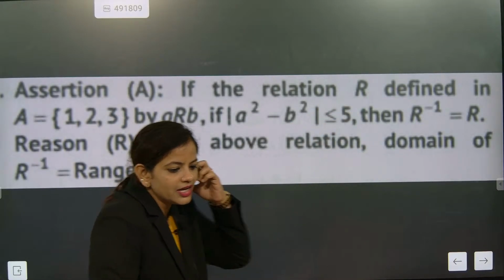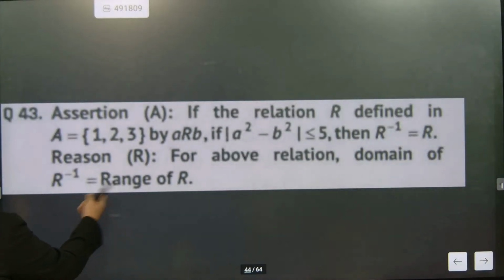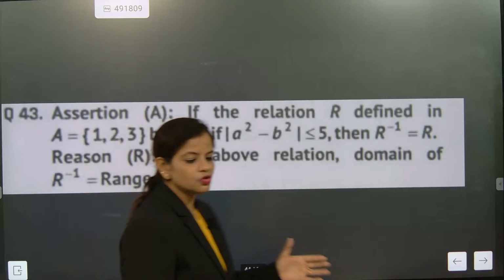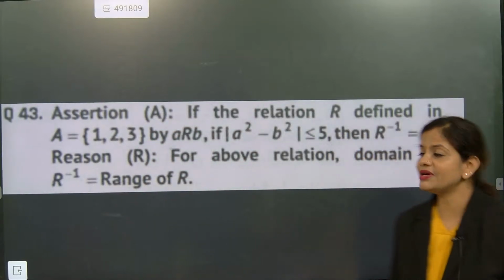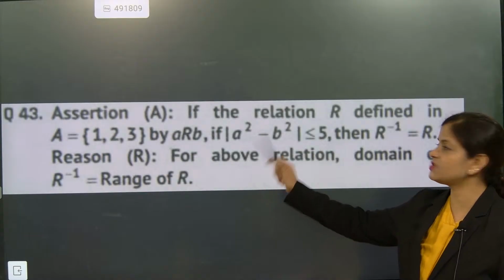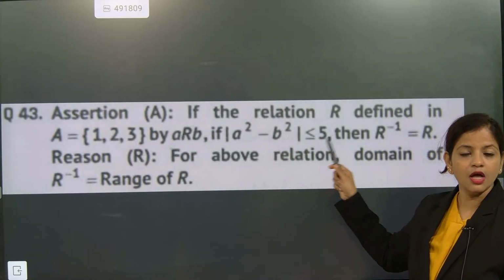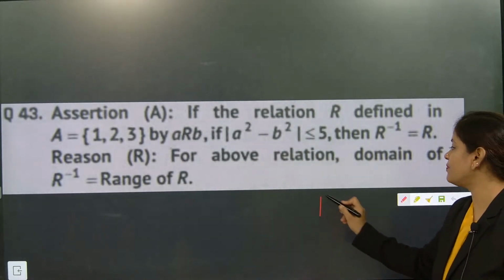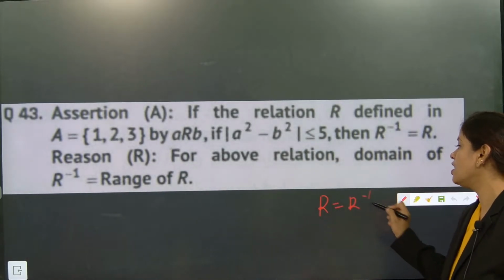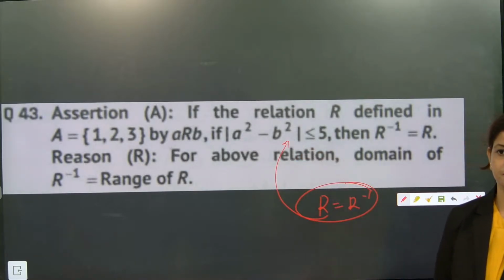But here they are saying that for the above relation, domain of R inverse is equal to range of R. Domain of R inverse is equal to range of R is a correct statement. But this is not explaining A. Domain R is equal to R inverse is a statement for inverse relation. But this is not fitting here.